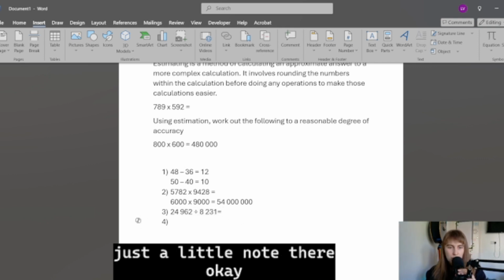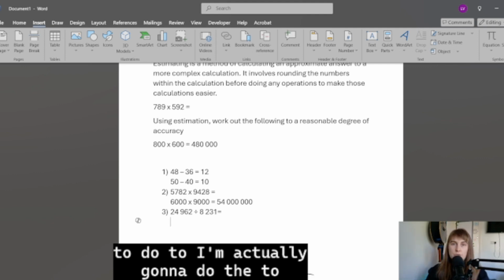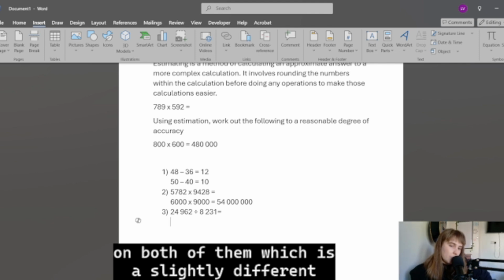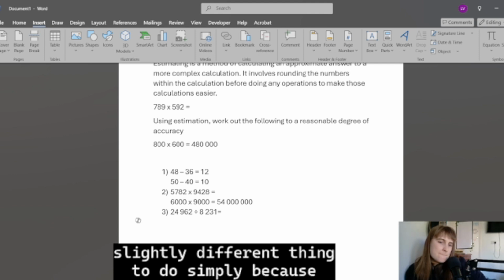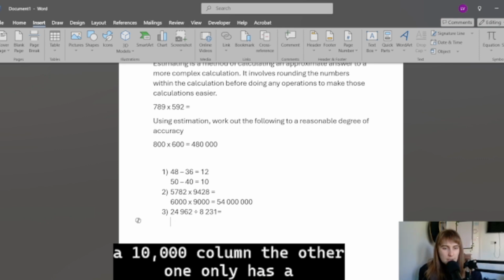Okay, this one I'm actually going to do to the nearest 1,000 on both of them, which is a slightly different thing to do, simply because one of them has a 10,000s column, the other one only has a 1,000s column.